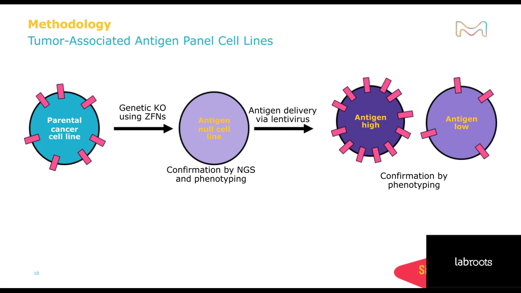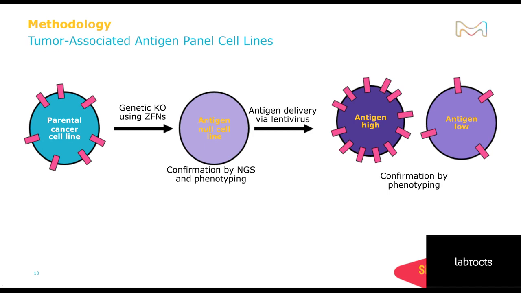We have identified parental cancer cell lines that grow very well in culture and typically express the tumor-associated antigen of interest endogenously. We performed genetic knockout experiments using zinc finger nucleases to render these cells null for this tumor-associated antigen of interest, thus giving you a negative control cell line.